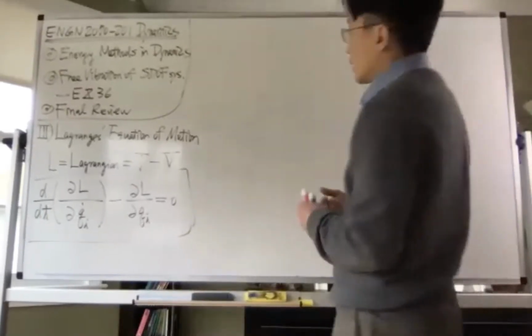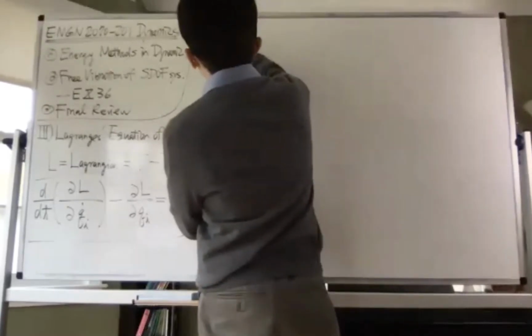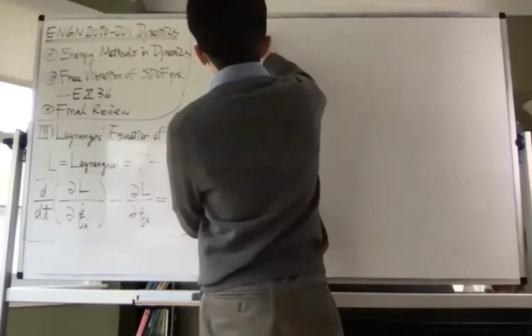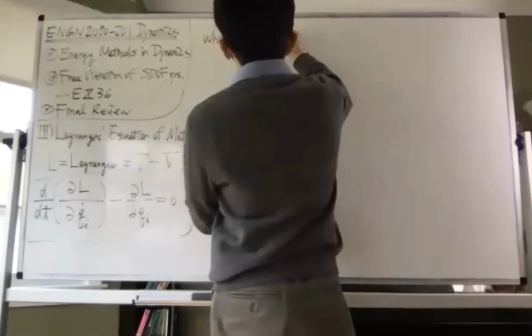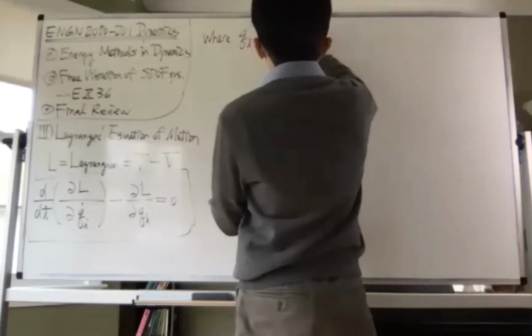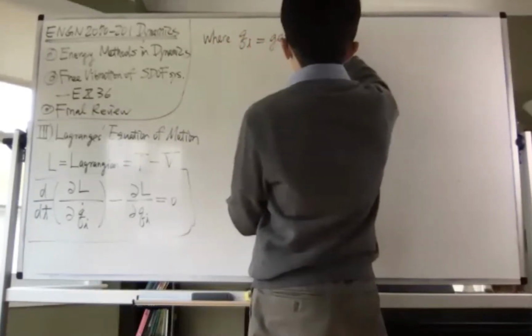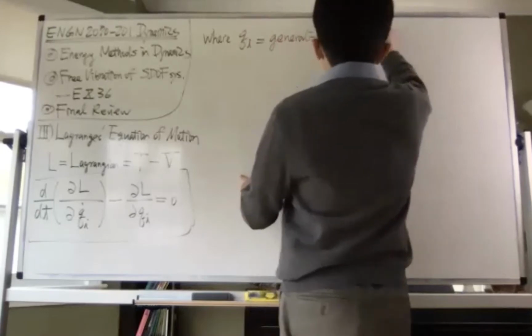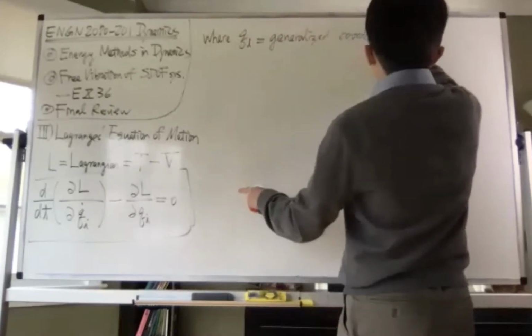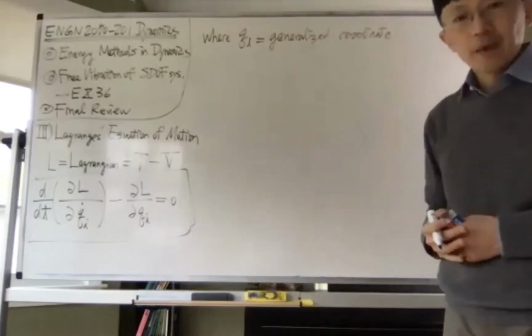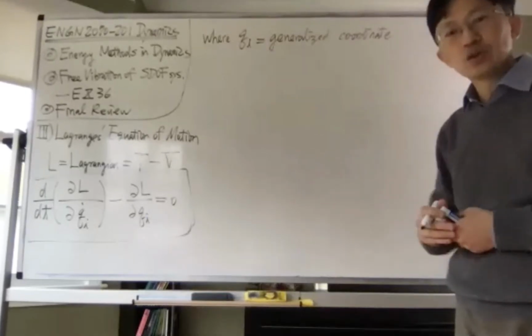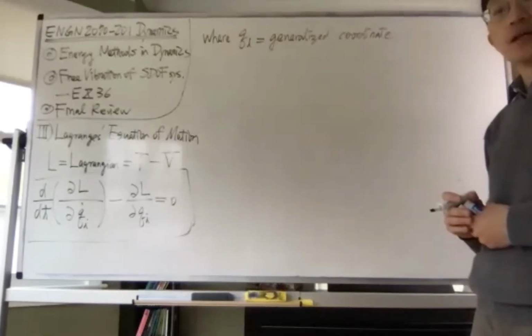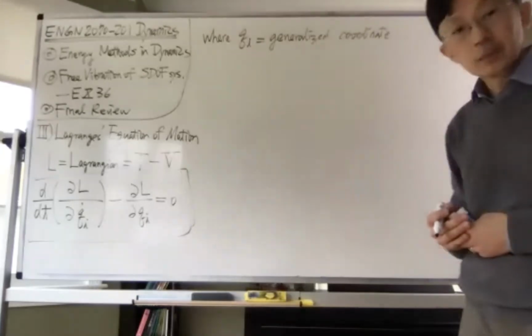Qi is what we call the generalized coordinate. What is a generalized coordinate? It can be a linear displacement.